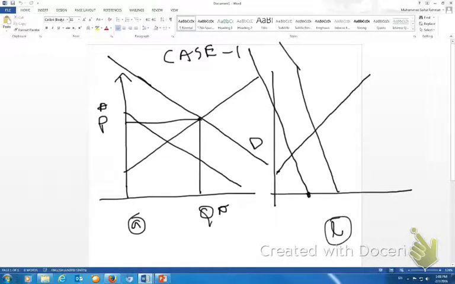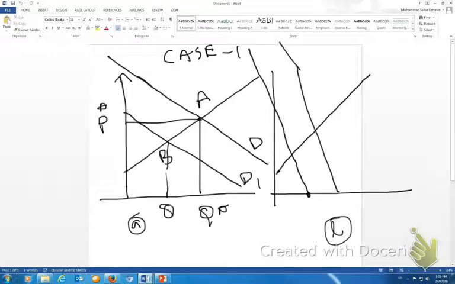So in case 1, our demand curve shifts from D to D1, and remember, A is our original market equilibrium. As a result of this downward shift, B is the new market equilibrium.